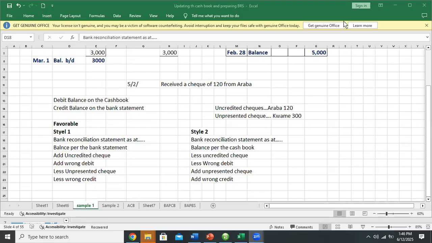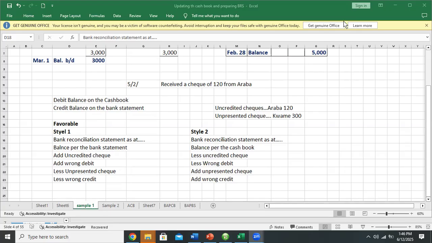So, my professors, if your bank statement shows a debit balance, what is the general term used to describe that? Because I spoke about that during the class. Professors, I'm waiting for an answer.